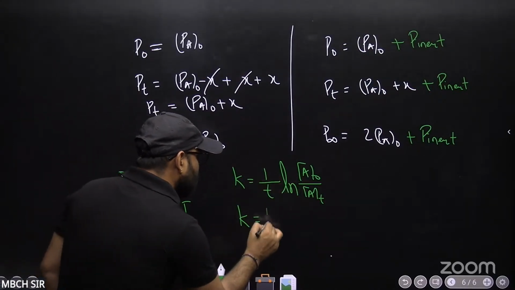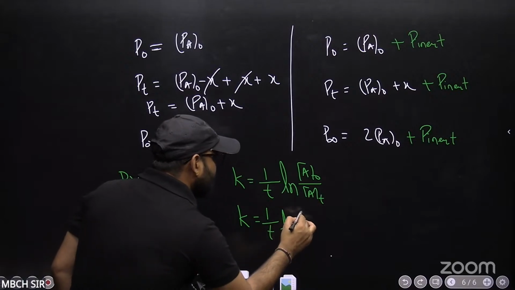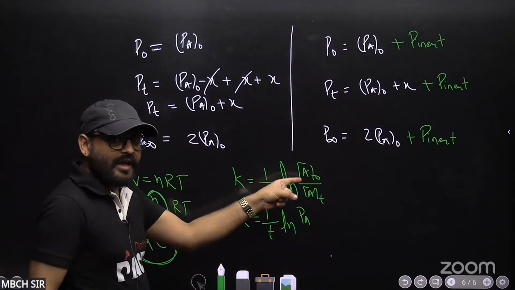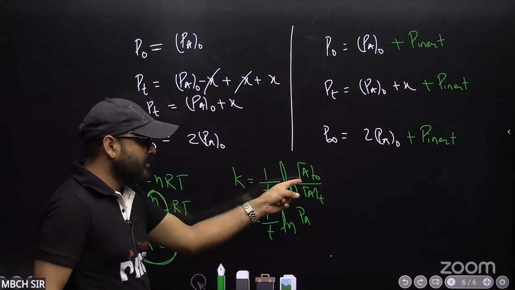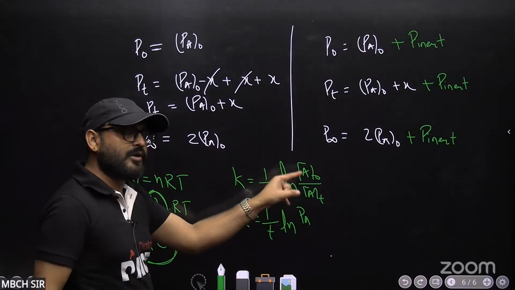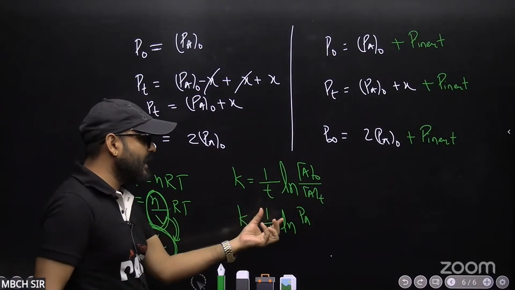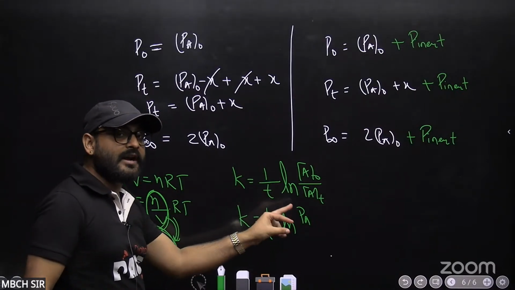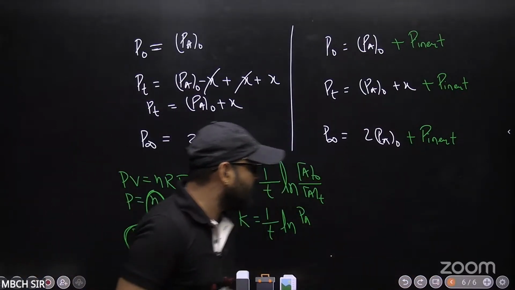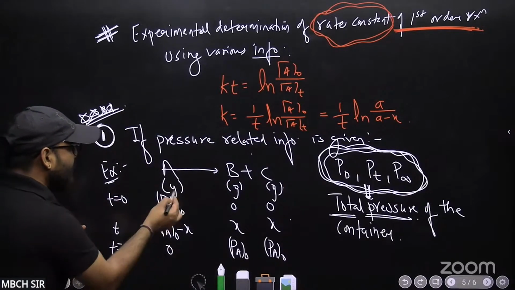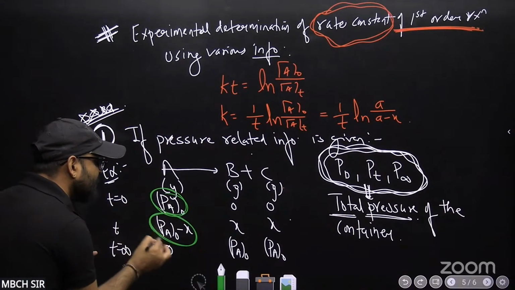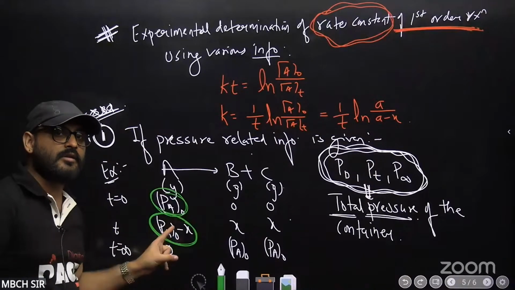So K equals 1 upon t ln, but pressure of what? Here concentration of A, so pressure of A. Concentration of A at t equals 0, and concentration of A at given time t. So I have to write pressure of A at t equals 0 and pressure of A at given time t. Pressure of A at t equals 0 is PA naught and pressure of A at given time t is PA naught minus x.